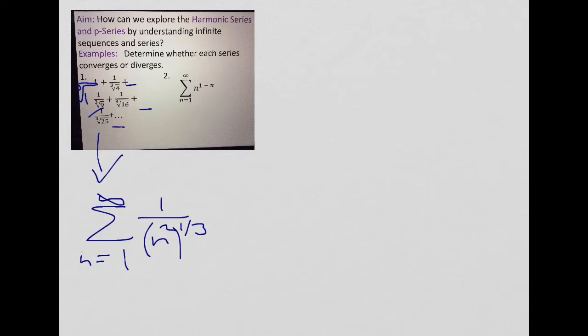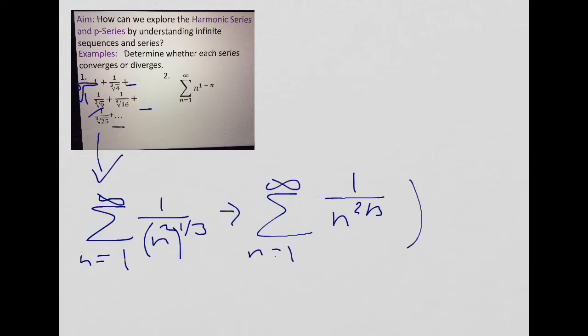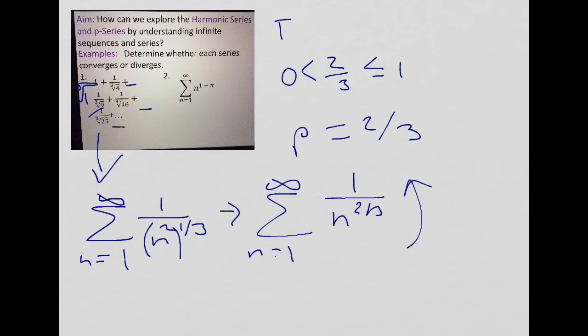So now what we're going to do is take a look at this by combining a power raised to a power, 2 times 1/3. And that gives us that p is 2/3. All right, well, since 2/3 is between 0 and 1, this series diverges.